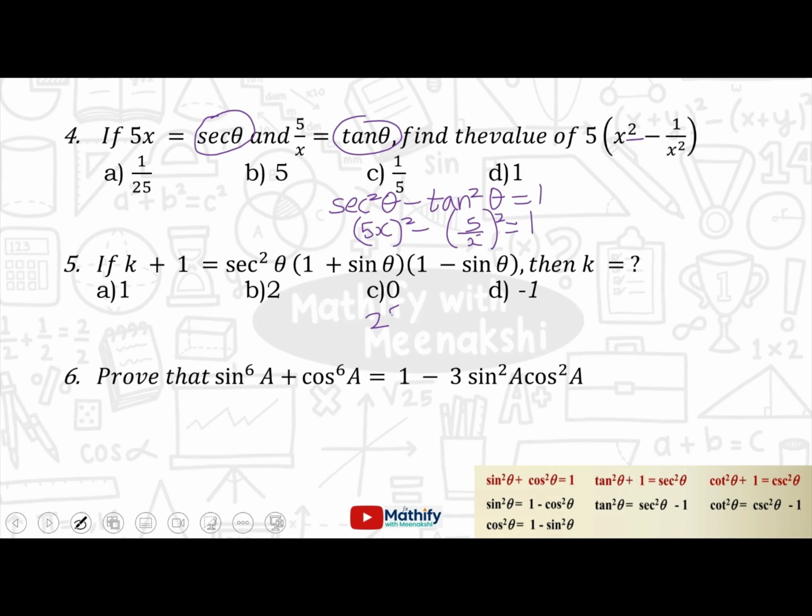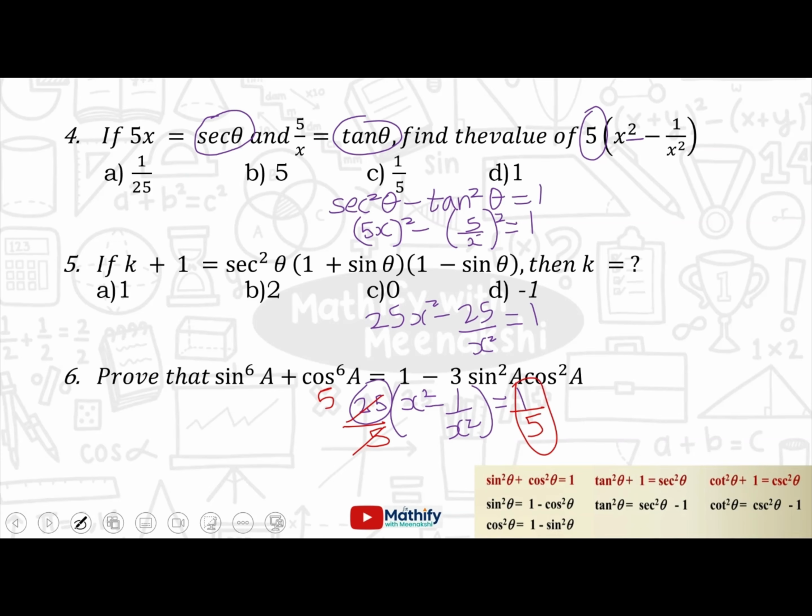That is 25x square minus 25 by x square is 1. You can take 25 common and you are left with x square minus 1 by x square is equal to 1. But here we have 25 and we need 5. So let's divide both sides by 5. So you can write the answer: 5 times x square minus 1 by x square is 1 by 5.